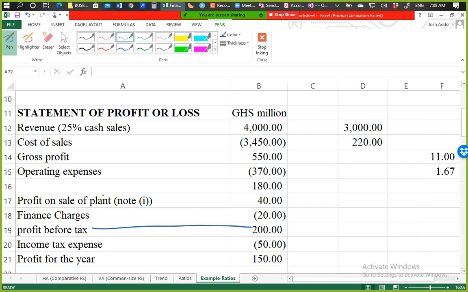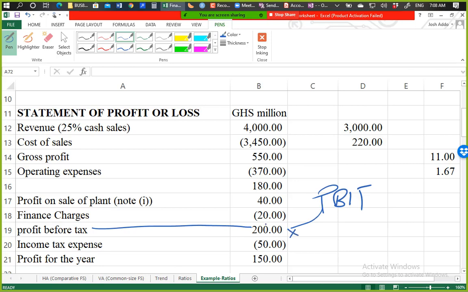You see these finance charges? The other time, when we were learning, we talked about the operating profits or the profit before interest and tax. In fact, if you listen to this term, profit before interest and tax, it should make you understand that this figure is not 100% correct.